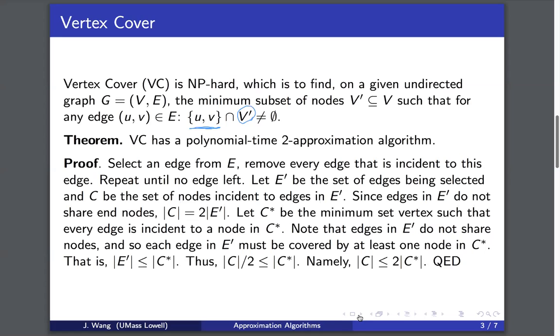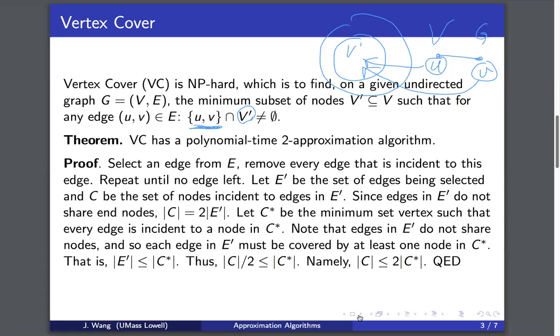So let's say this is your V, and of course you have a subset V prime, and then for any edge in G, either U is in V prime or V is in V prime or both, right? So it just means that you take these endpoints, and the intersection with V prime is not empty.